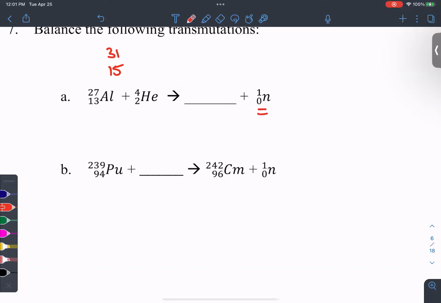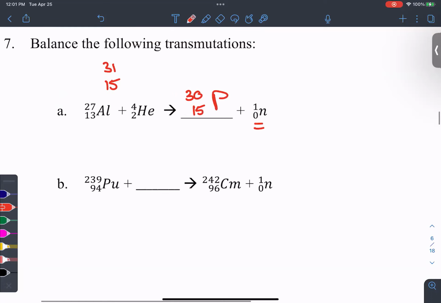So we have also a neutron being emitted as well. So our product is going to have a mass number of 30, 15 protons. What's that? Phosphorus. All right, so transmutation is atom smashing. We smash an alpha particle at an aluminum atom and we can transform it into phosphorus.